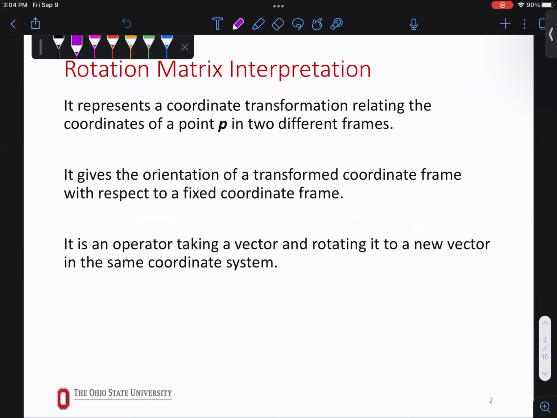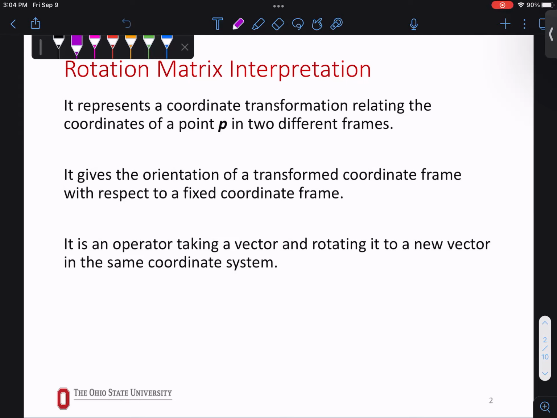So rotation matrices can represent coordinate transformation, right? If you have point P with respect to one frame, you can move it to another frame. It can give the orientation of a transformed frame with respect to a fixed frame. So if you say rotate 45 degrees about the Z axis of this fixed frame, you can do that using the rotation matrix.